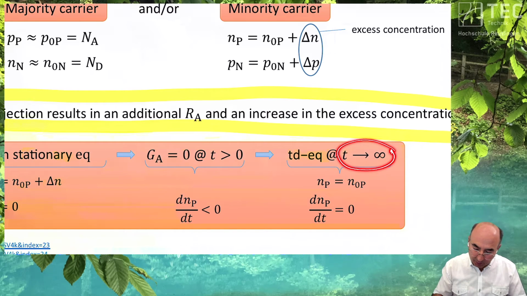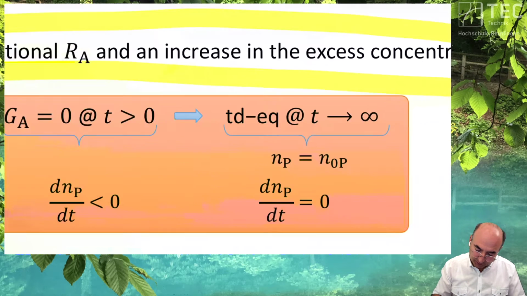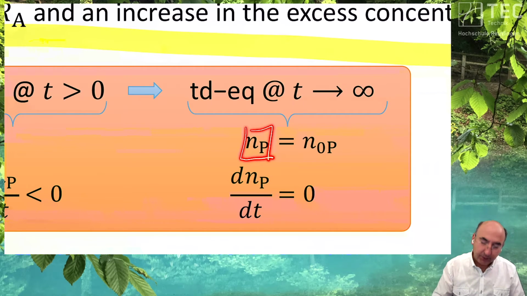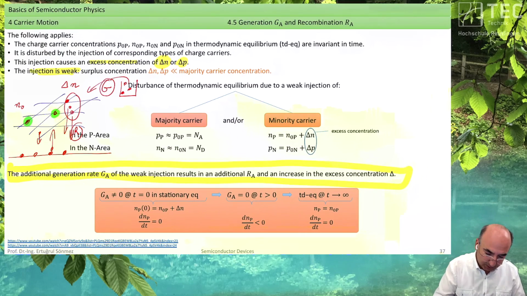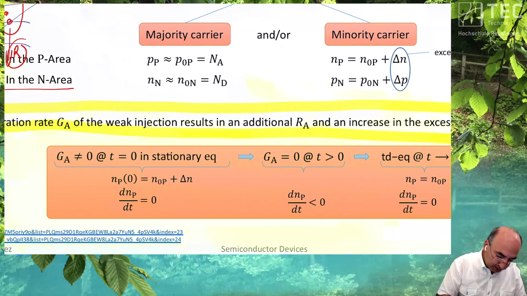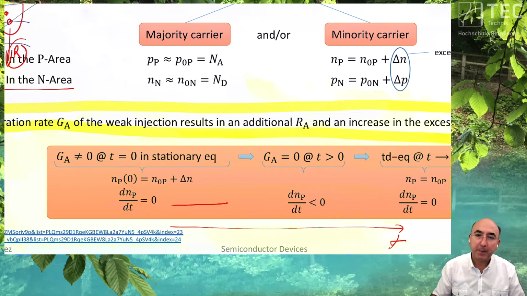Time goes to infinity. We go to the thermodynamic equilibrium. So the disturbed value reaches the thermodynamic value. And the delta n is 0, and the change rate is 0. What does that mean? It means we have here a certain concentration as a function of time.